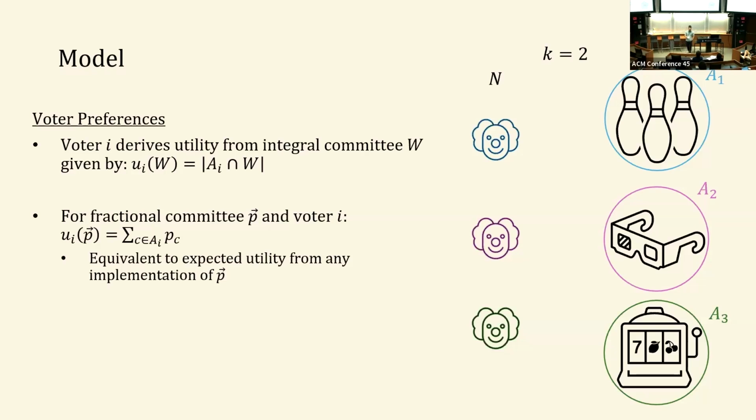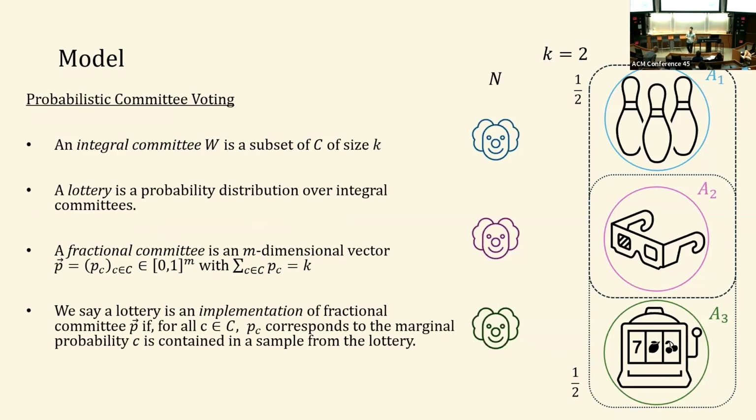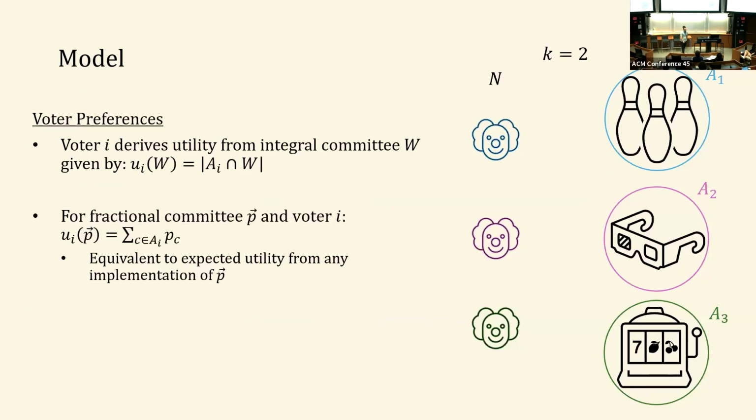Why do we do that? Well, this would be their expected utility from any lottery that implements that fractional committee. Just to remind you, we might say that the blue voter here has 1/2 utility under this fractional committee, which makes sense because any lottery implementing that fractional committee will give that voter 1/2 utility in expectation. Okay, any questions on that?